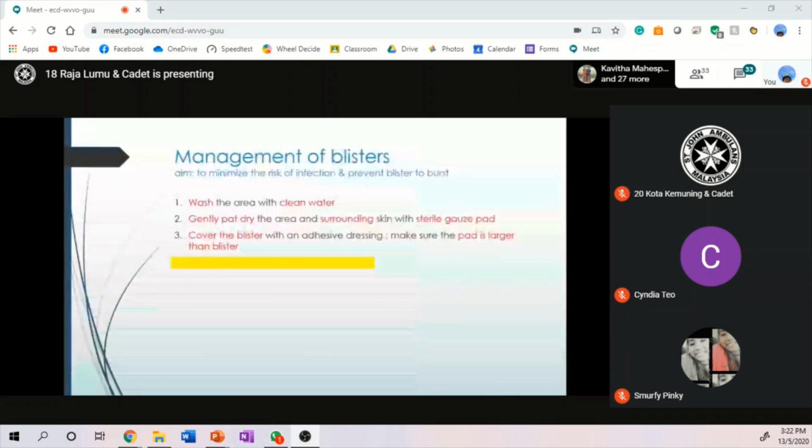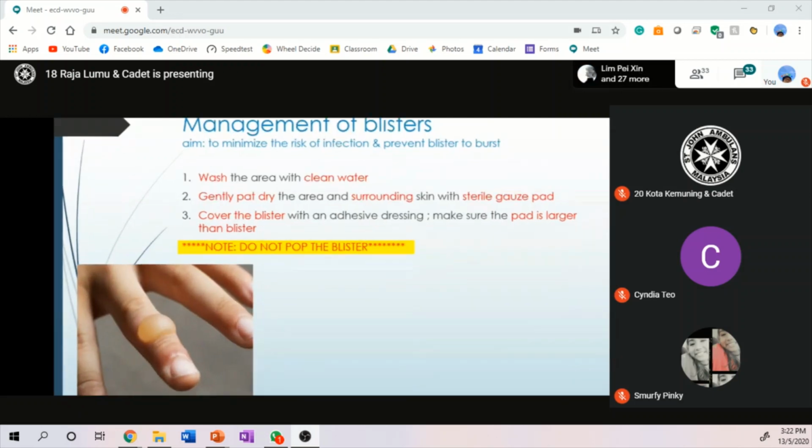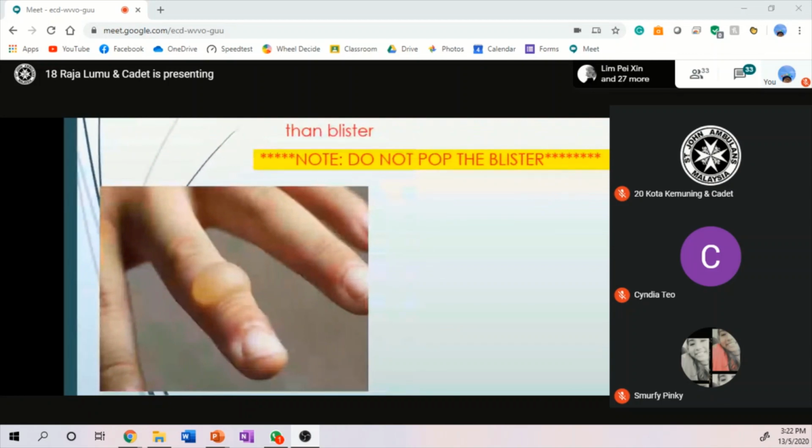Or later something may accidentally pop it. We don't know, right? So we have to cover it. Do not pop the blister because it's quite dangerous. Yeah, this is a blister. You all maybe got it before.